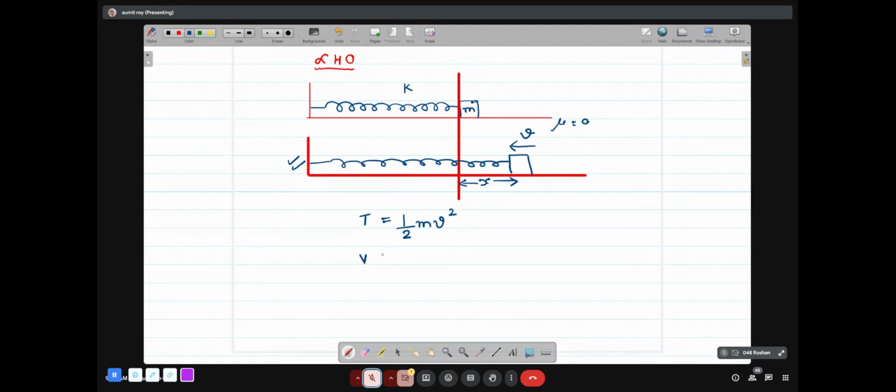And what is the potential energy of the system? Yes, you need to reply, otherwise we cannot proceed. Potential energy of the system, the spring mass system. What is the potential energy of a stretched spring?